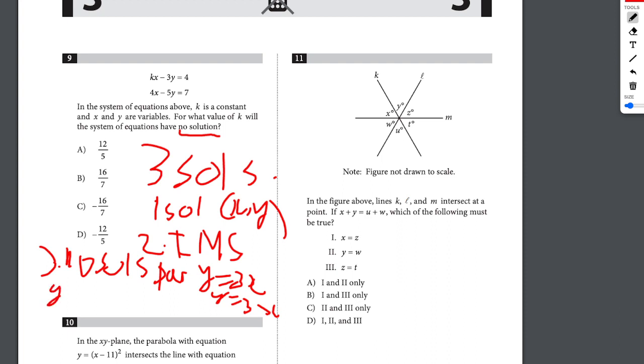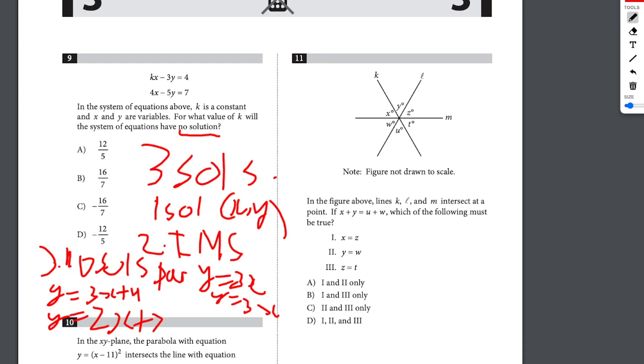For example, take y equals 3x plus 4 and y equals 3x. Same slope, but the y-intercept of 4 and the y-intercept of 0. They're never going to meet anywhere at all. If it's y equals 3x plus 7, they still won't meet. But if it's y equals 2x plus 7, then there would probably be one solution.